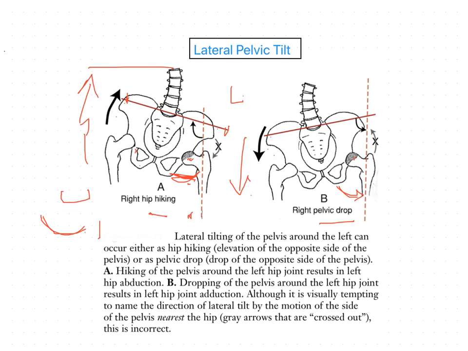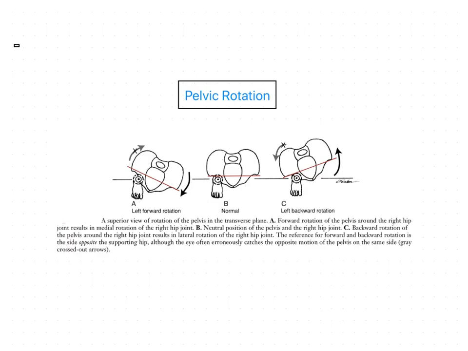Okay, next we will move on to the pelvic rotation. So what is happening in the pelvic rotation? Pelvic rotation occurs in the transverse plane around a vertical axis.